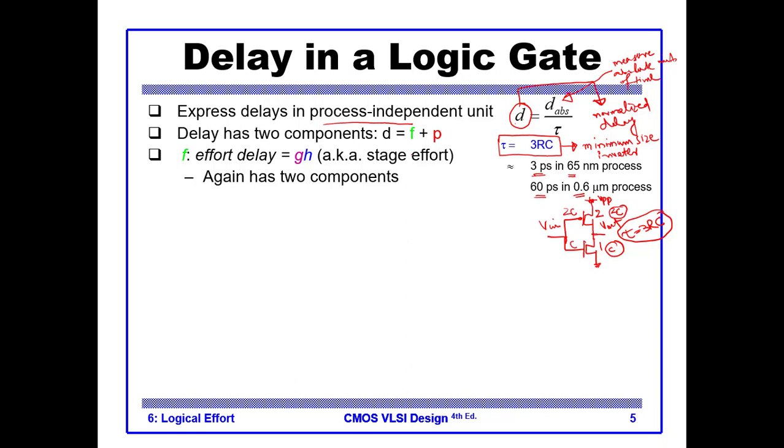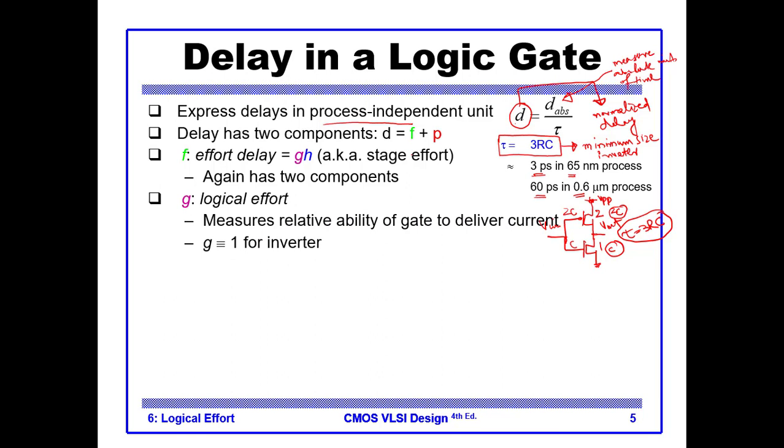So you can call it effort delay or stage effort. It is basically G into H. Again, there are two components. One is G, which is the logical effort, and the other is H, which is the fan out.